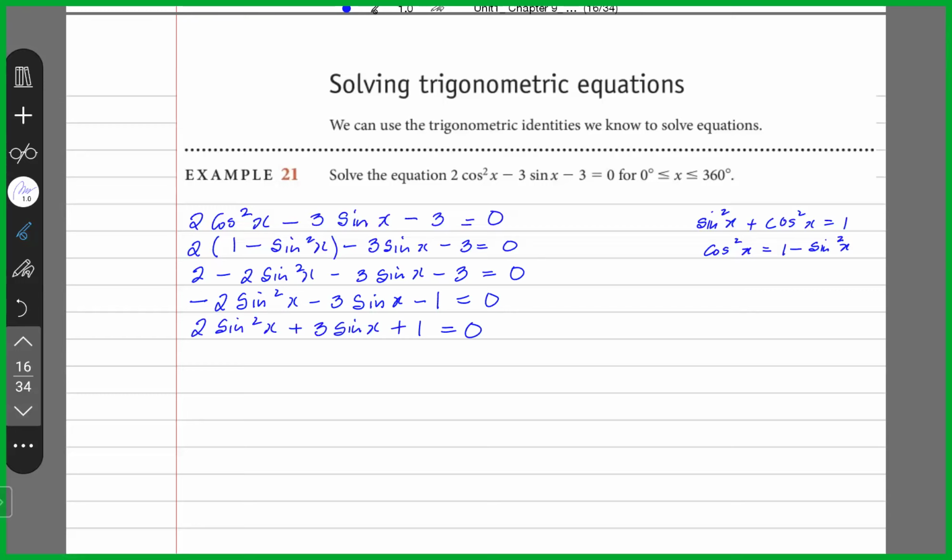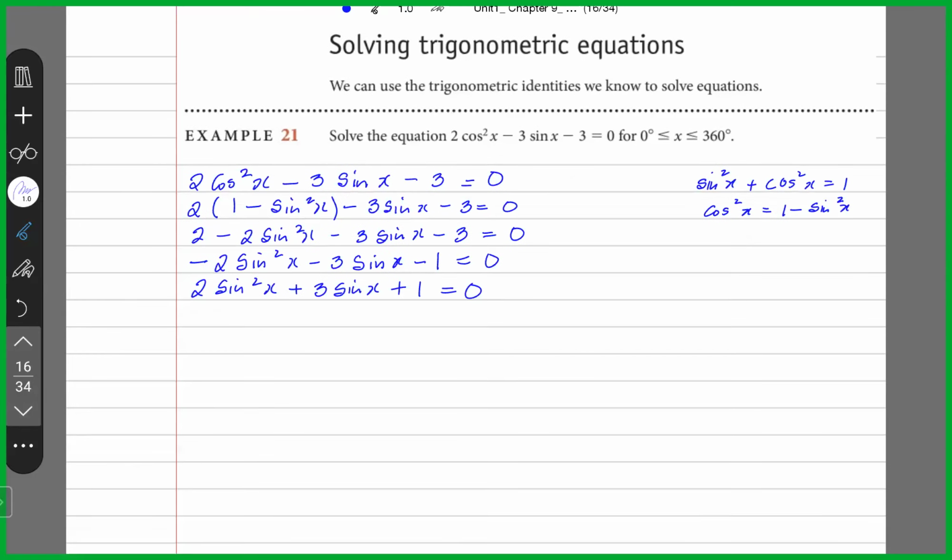So now what I have is a quadratic equation with only one unknown, and the unknown here is sine x. Using the method of factorization, and assuming it can be factorized, I have (2 sine x plus 1)(sine x plus 1) is equal to 0. All I did here was factorize the quadratic expression.